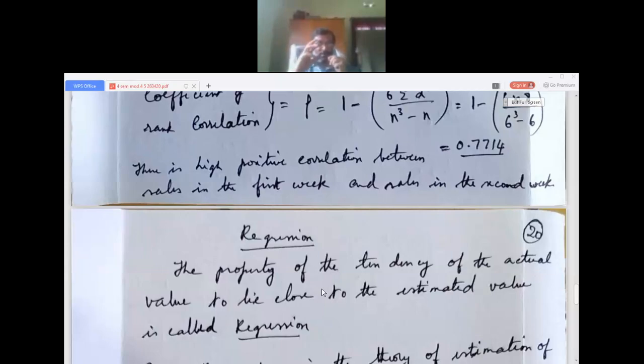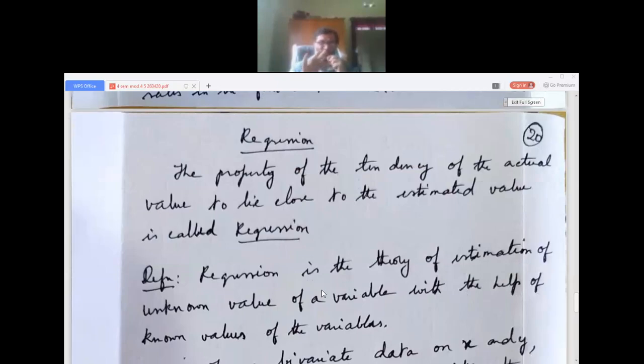That means when we estimate some value, there will be a tendency for the actual value to lie close to the estimated value. This property, or the tendency of the actual value to be close to the estimated value, is called regression. I hope you understood this.